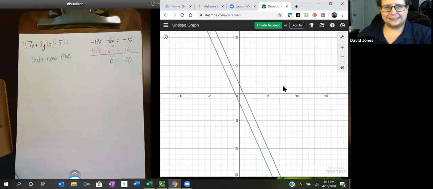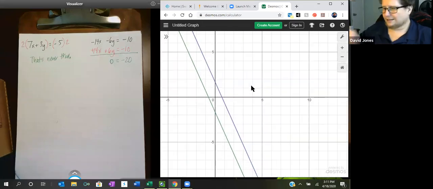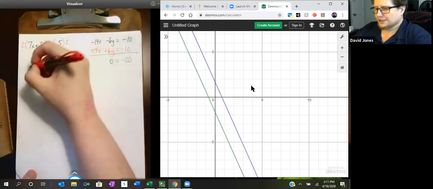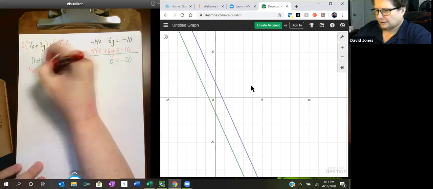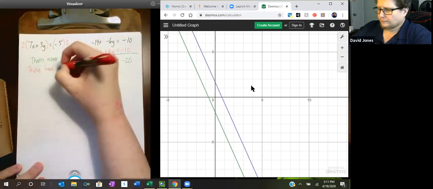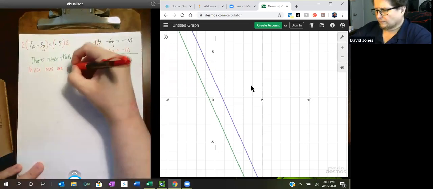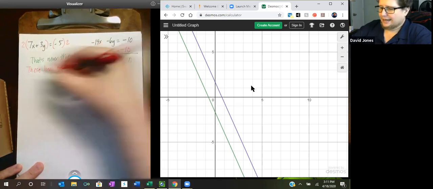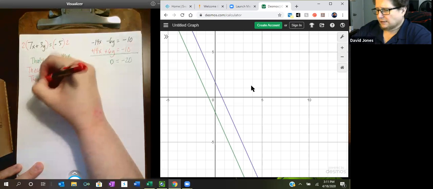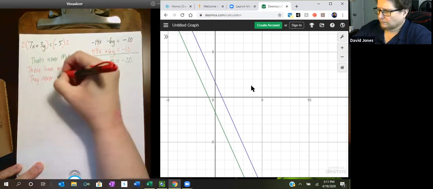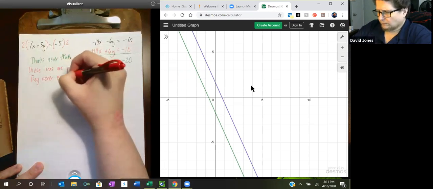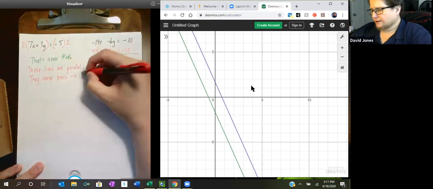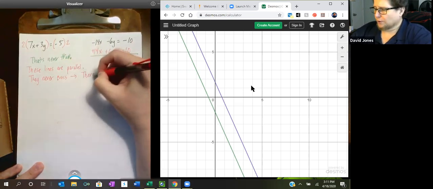Look at that. The lines never cross, do they? These lines are parallel, which means they never cross. And that means there is no solution that solves both equations.